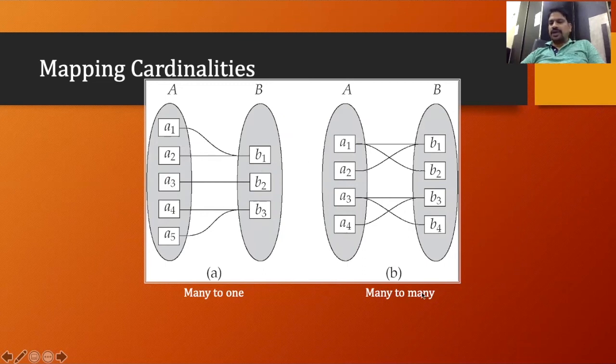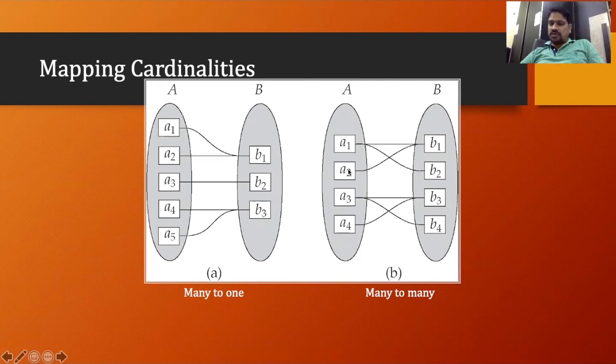Then there is a many to many relationship. How can we relate many to many? Let's talk about faculty and the student, right? So if A is the faculty and B is the student, one faculty is taking the class of students B1 and B2.